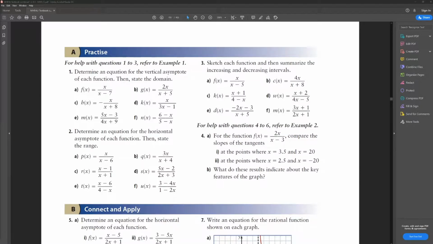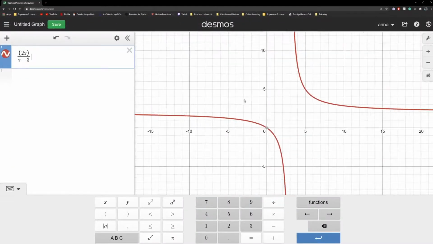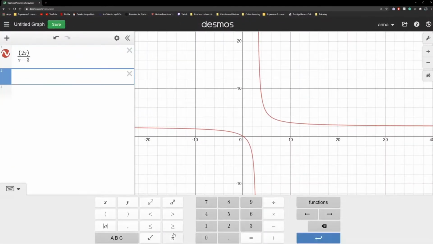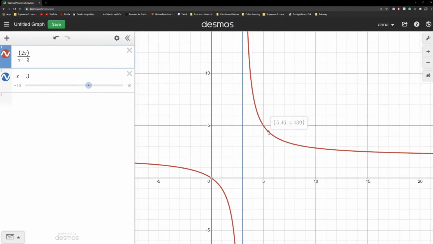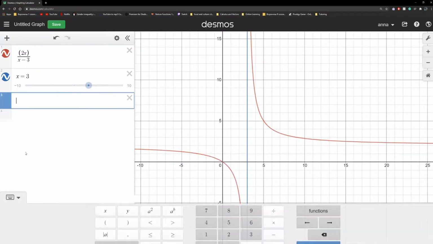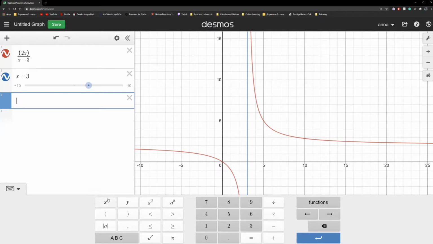2x divided by x minus 3. Okay, so what we have here is our vertical asymptote right there. Over here, we're talking about whether or not it is increasing or decreasing by finding the tangent. So at x equals 3.5, we found out that it was around 24.